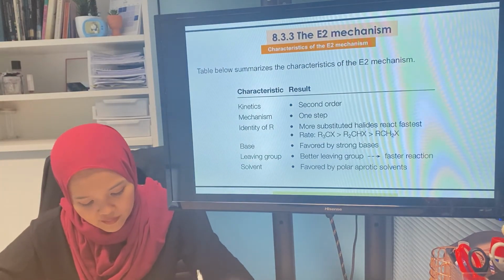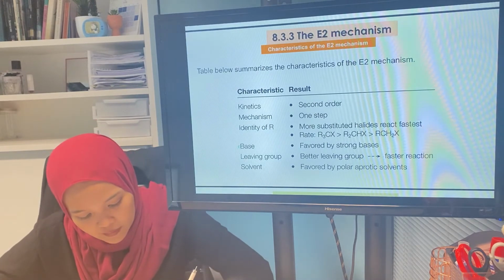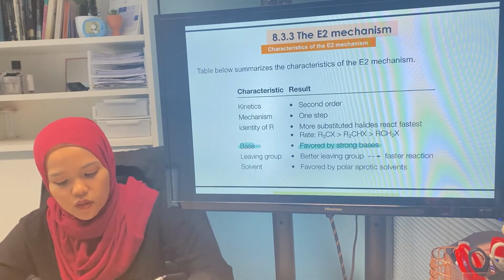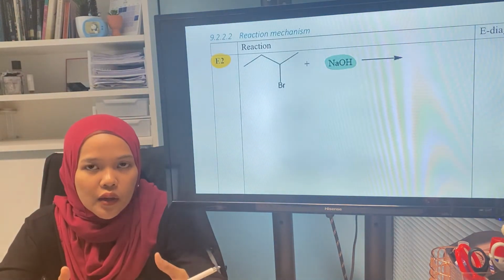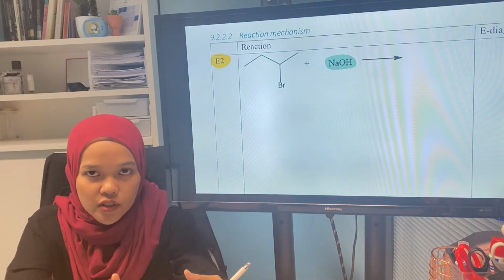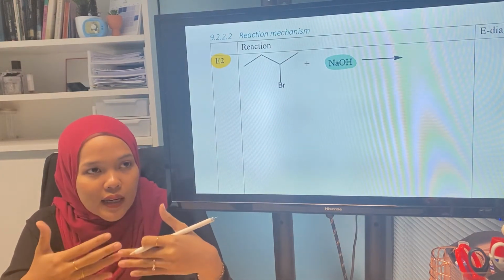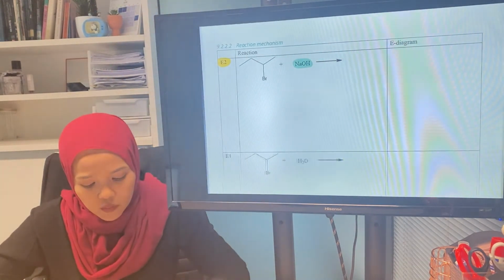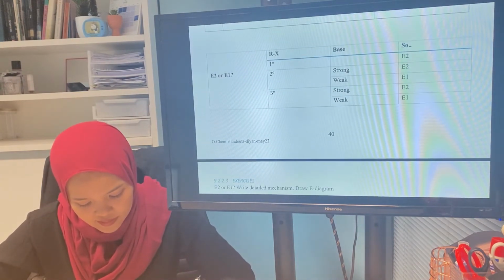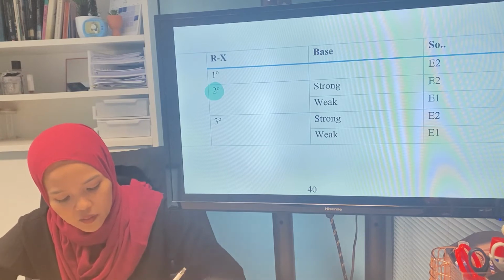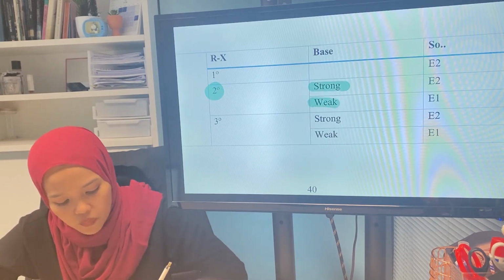If you look at this one, the reaction is going to be favored by a strong base. When it comes to an elimination reaction, when it is secondary, you can go with a strong or weak base.